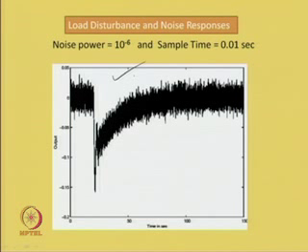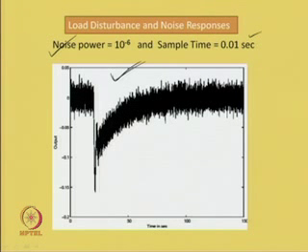Keep in mind that we have set the reference input or set point input to be 0, because we have interest in the noise responses or load disturbance responses. So, when the noise power is 10 to the power minus 6 and the sample time is 0.01 second, then the disturbance output of the system can be obtained in this form.